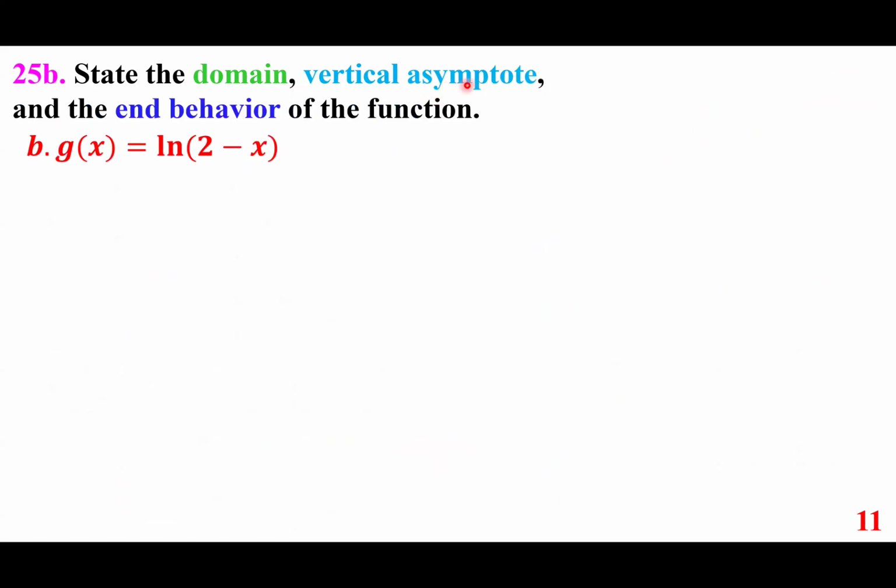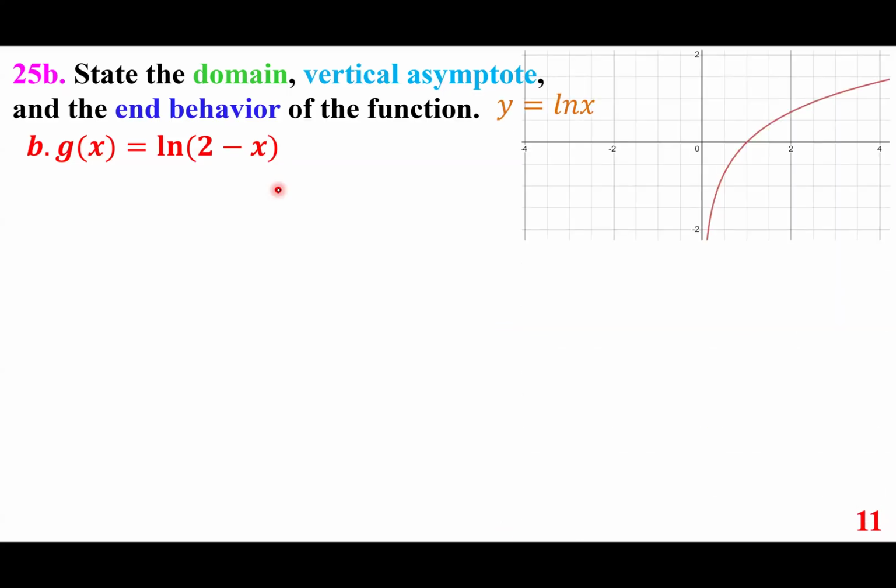State the domain, vertical asymptote, the end behavior for this function, part b, g of x equals ln of 2 minus x. First and foremost, ignore that, and let's go with y equals ln x. And ln x has an x-intercept at 1, 0. So let's start with ln of minus x.